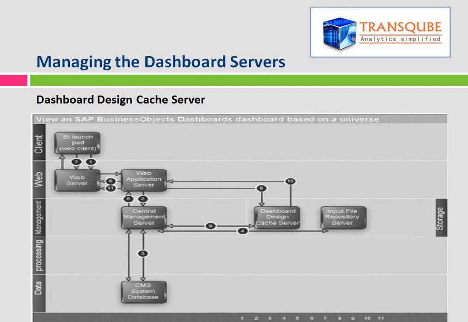If it does not exist, it also brings in the dashboard design processing server along with the cache server. Because one instance is created and sent back to the end user, the created instance will also be preserved as a copy in the dashboard design cache server. Clear on the process flow?